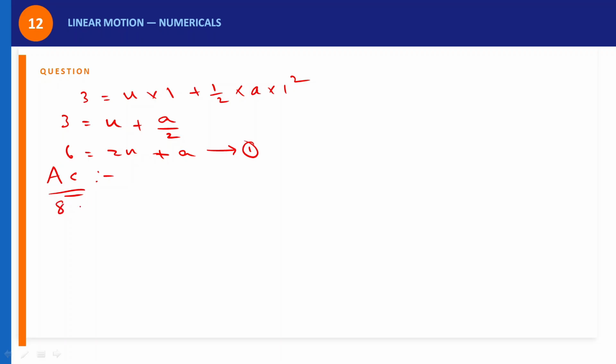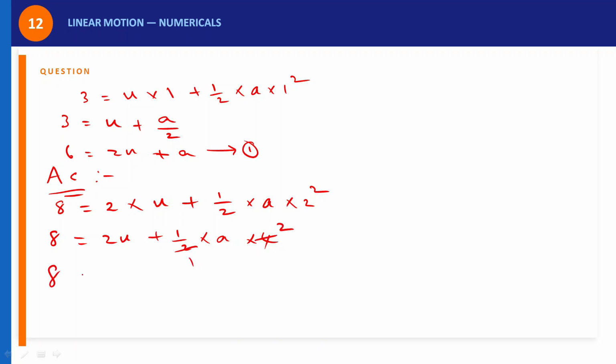So same equation: 8 equal to time 2, initial velocity u, plus 1 by 2, acceleration remains the same, a, into time 2 square, 4. 8 equal to 2u plus 2a.